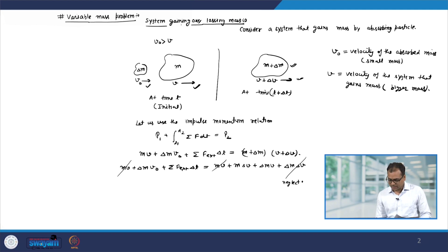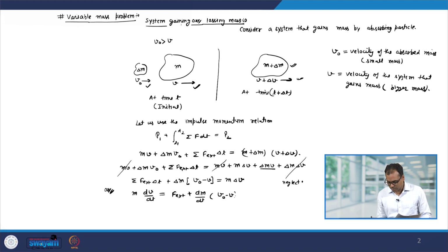So I can write summation F external dt plus delta m times (v naught minus v) equal to m delta v, or I can rewrite this as m dv by dt equal to F external plus dm by dt times (v naught minus v).